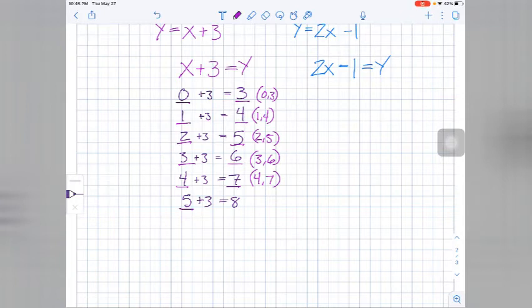And when x is 5, y is 8. These would be some possible solutions for this equation.